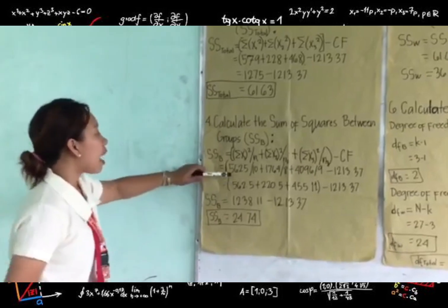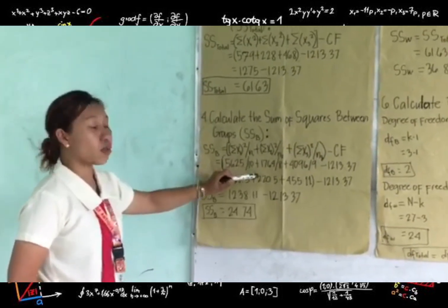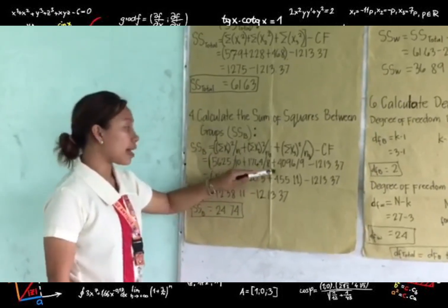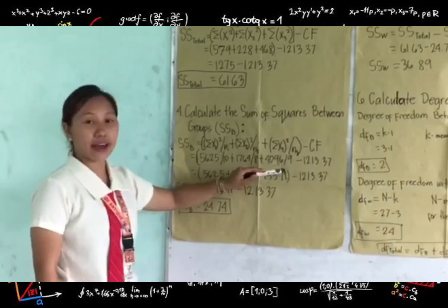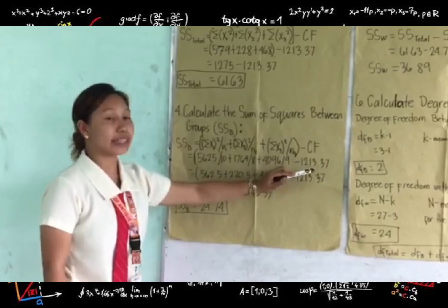So, 5,625 divided by 10 plus 1,764 divided by 8 plus 4,096 divided by 9 minus 1,213.37.